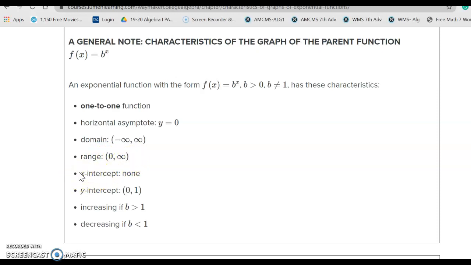X-intercept: it will never touch the x-axis, so it doesn't have an x-intercept. The y-intercept is at (0, 1), because if you plug in a 0 for x, anything to the 0 power is 1. It's exponential growth, or increasing, if this b is greater than 1, but it's an exponential decay if the b is less than 1.